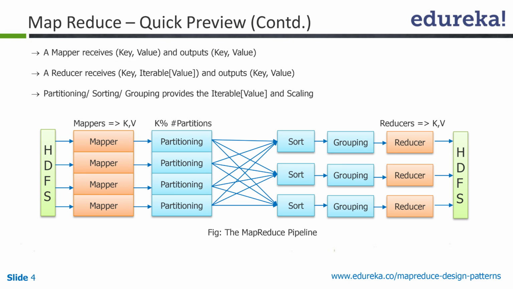The very purpose of putting this slide is only to make you think in terms of the tools which MapReduce provides, and these are actually the building blocks around which most of the design patterns are built. So I'm not going to belabor you with details about these two slides. I just put them so that you have in front of you a picture of how this whole framework works.